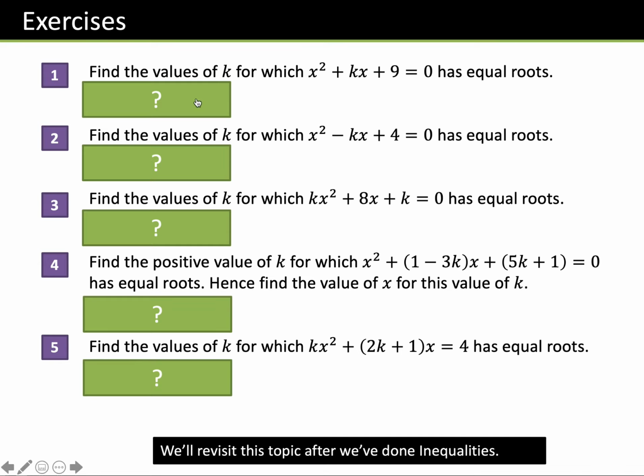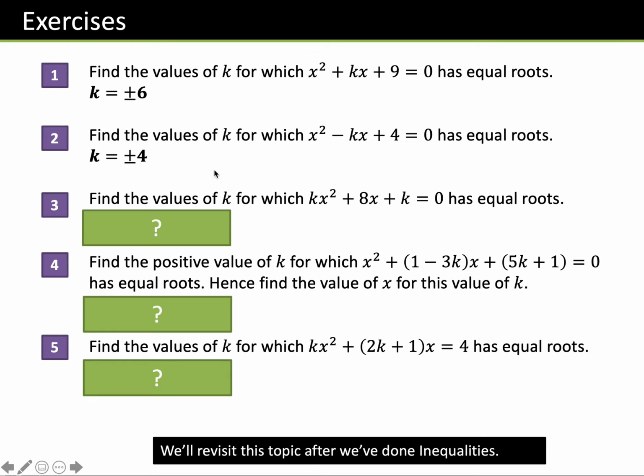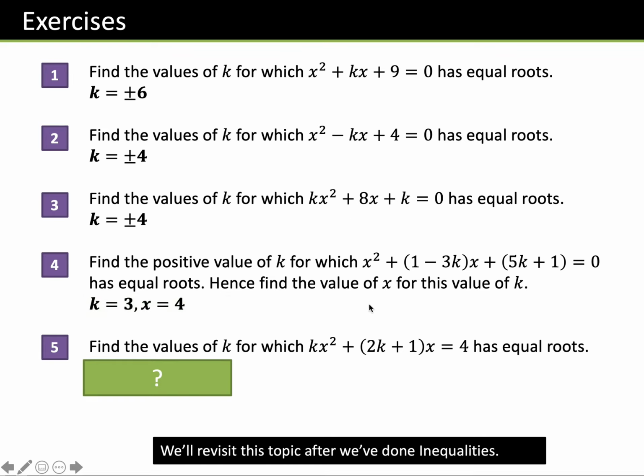The answers are 1, k equals plus or minus 6, 2, k equals plus or minus 4, 3, k equals plus or minus 4, 4, k equals 3, and x equals 4. And question 5, k is equal to minus 1 plus or minus root 3 over 2.